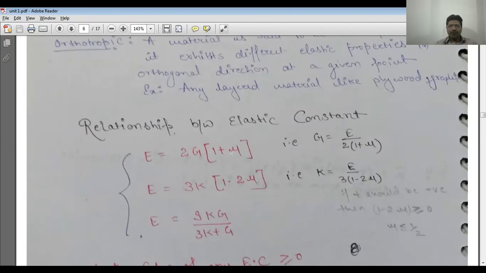We find the value of mu from the first equation and then put it in the second equation, to find a relationship between E, G, and K, eliminating the Poisson's ratio. That is beyond the scope of the syllabus, so we are not going to discuss it here.